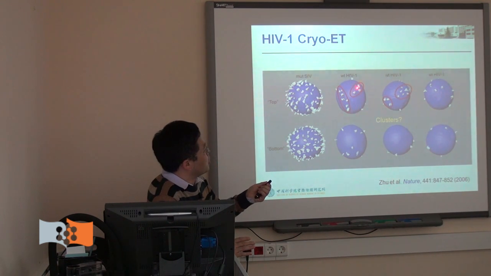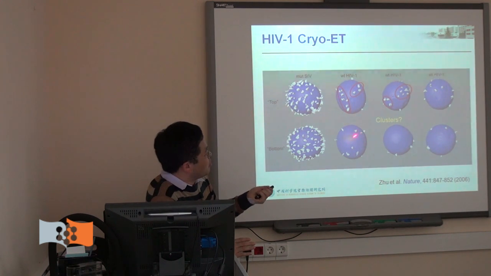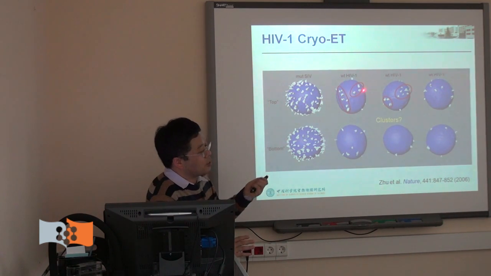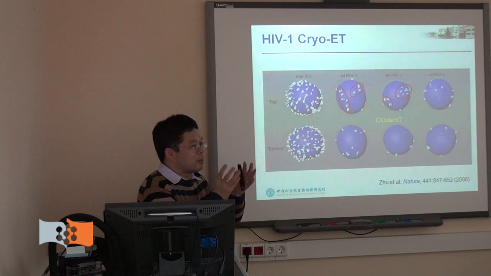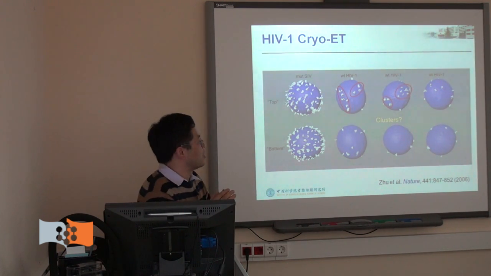In wild type HIV there are only about 14 envelope spikes, and they have a tendency to form clusters. This is what we found, and it gives some information, because the clusters may coordinate together to enter the target cell.